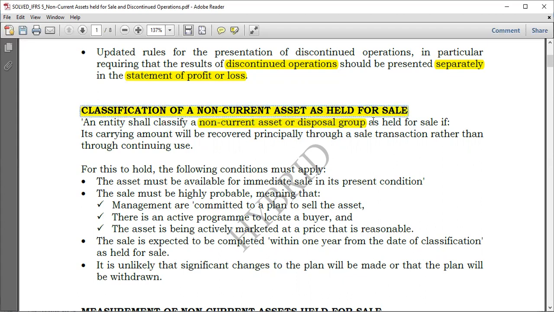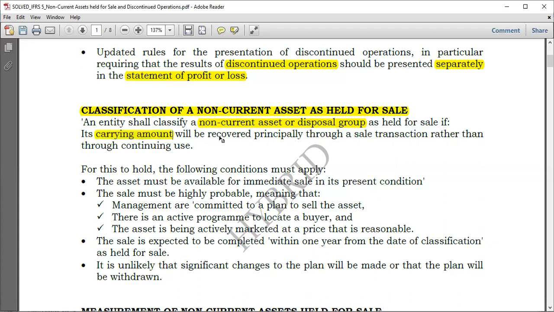So an entity shall classify a non-current asset or disposal group as held for sale if, when can you do that? We say if its carrying amount will be recovered principally through a sale transaction rather than through continuing use. I need you to understand one thing here. It's not just about studying. Yesterday we studied the impairment loss. We said that we usually compare carrying amount with what?